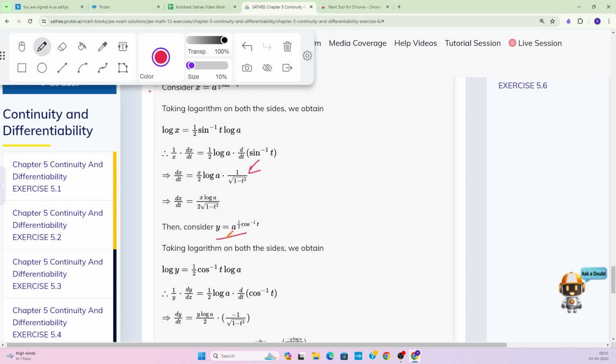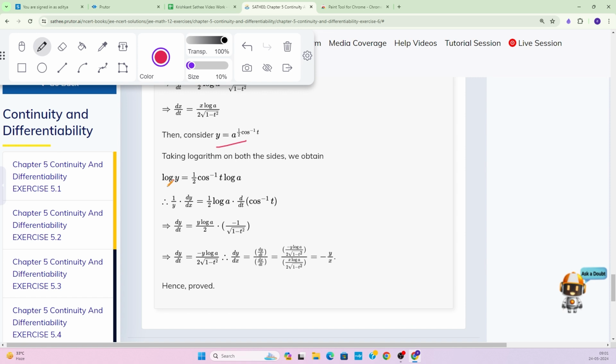Now the same thing will be done with y. So apply log, you will have half cos inverse t log a. Now 1 by y dy over dt is equal to half log a multiplied with the derivative of cos inverse t.